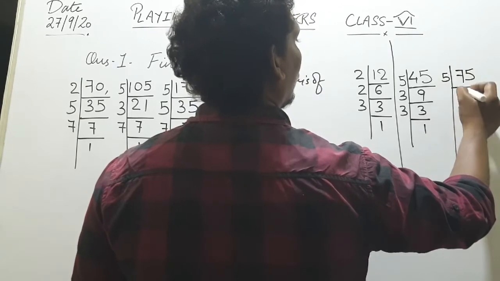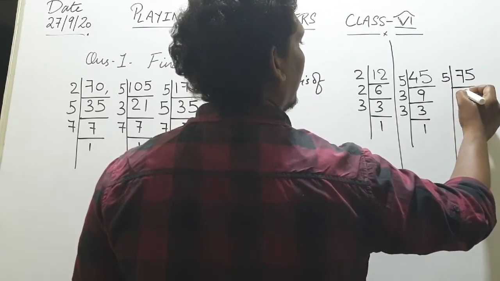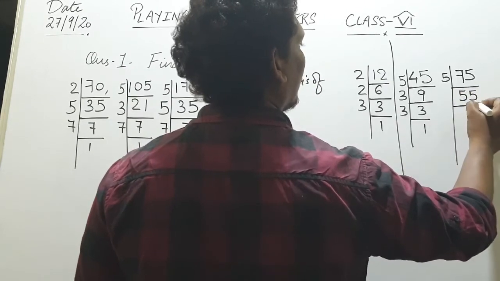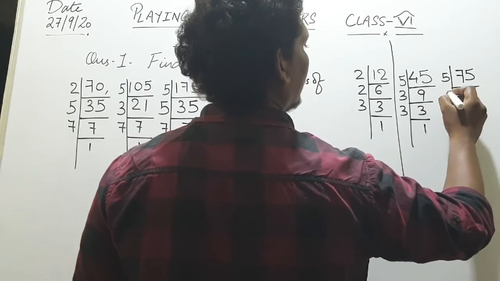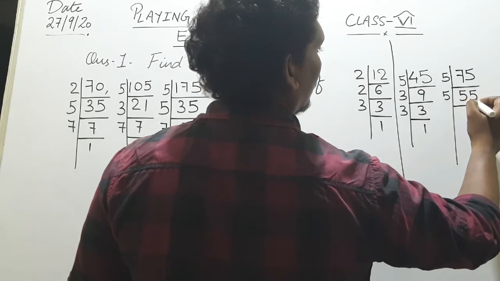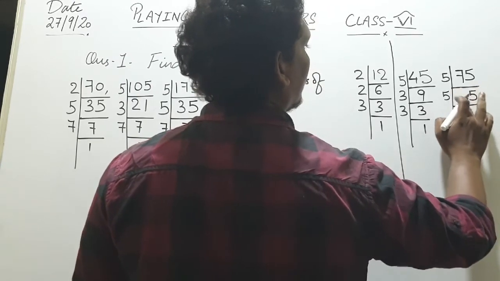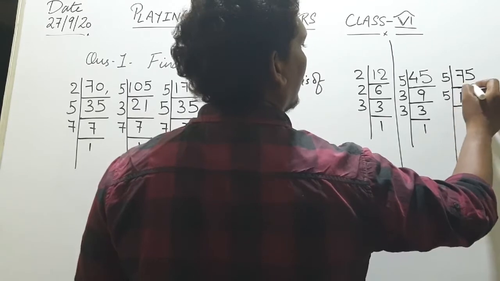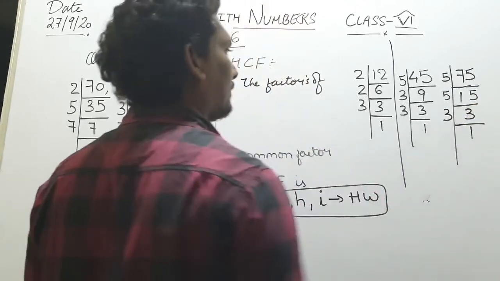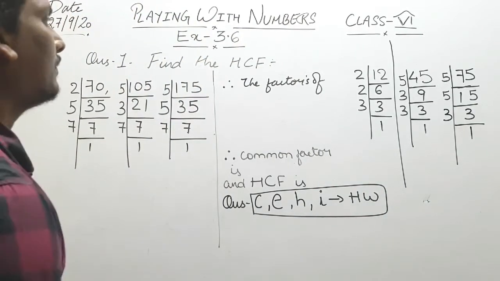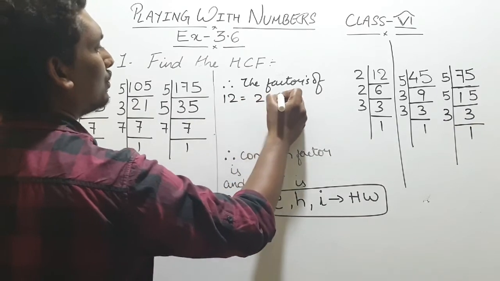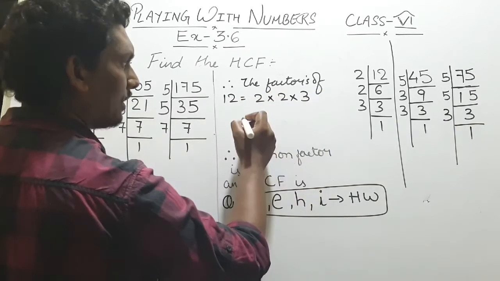So 5 1s are 5. Okay, so here the factors of 12, that is 2 into 2 into 3.